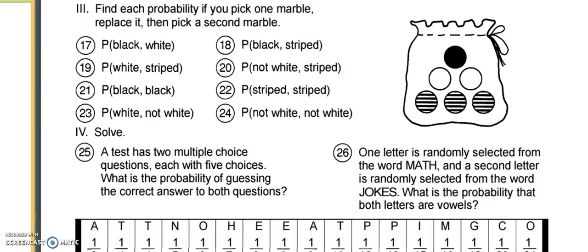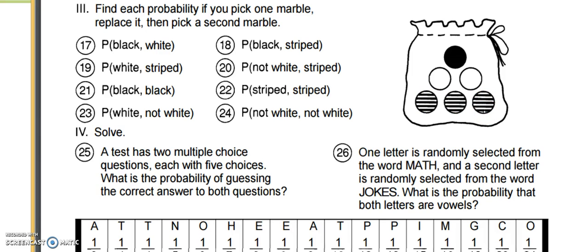We're going to pick one marble out of these 6, put it back, and then pick again. So really, I have 2 different events happening, both with a bag of 6 marbles. In this bag, I've got 1 black, 2 white, and 3 striped marbles.